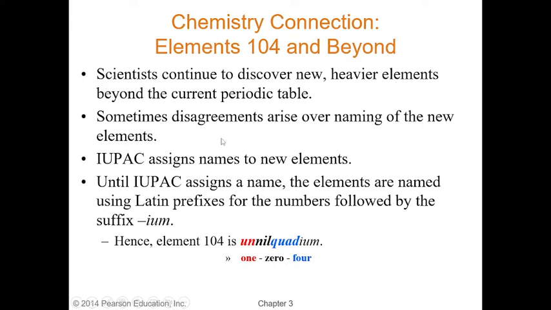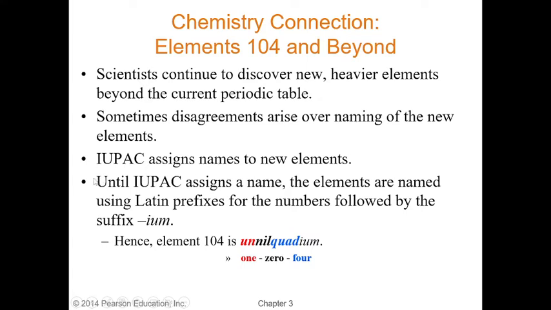And sometimes may disagreement na nag-arise over the naming of the few elements. Because if you are the one lucky to name the element, di okay. Pero kasi pinagtatalunan din yan or pinagdedebatehan lang din yan kung alin talaga dapat yung ipapangalan. So, the IUPAC comes in and it assigns the name to the new elements.